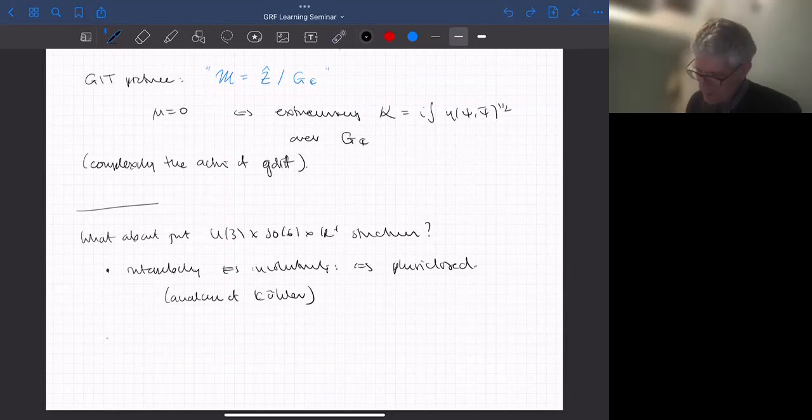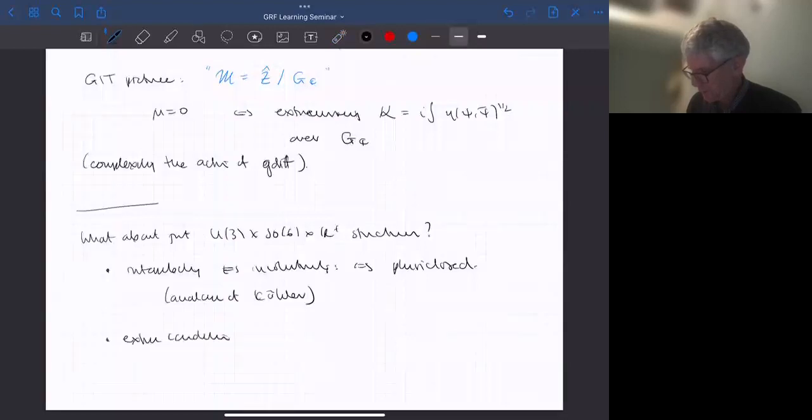And then we want some extra condition, which I guess is sort of the analog of Kähler-Einstein or something, but at least gives you some set of special metrics somehow.